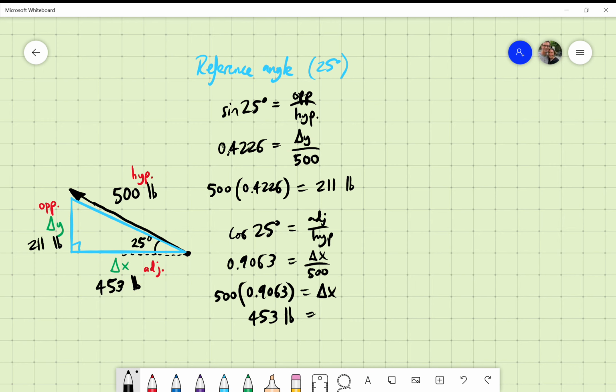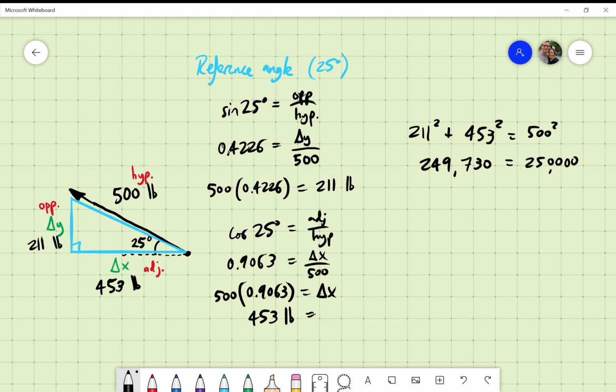453 pounds. Okay, and once again, we could confirm that. We could say, are we absolutely sure? It's 211 squared plus 453 squared. Does that really equal 500 squared, which is what, 250,000? 211 squared plus 453 squared equals 249,730.